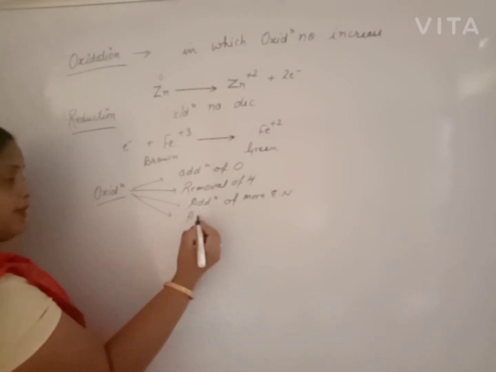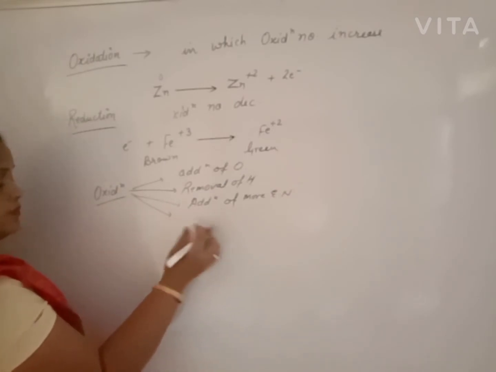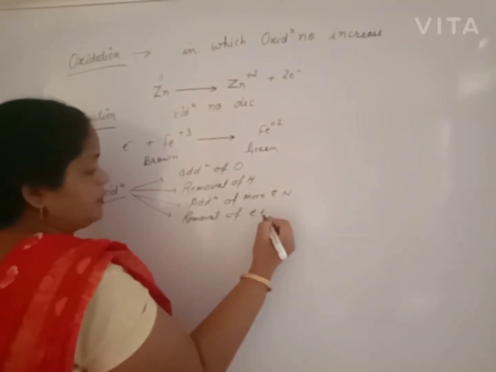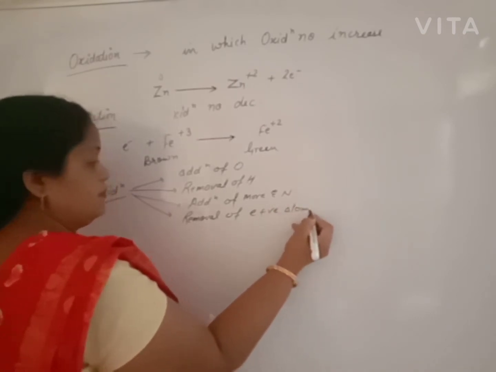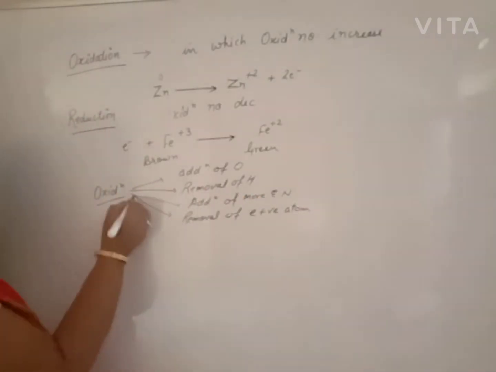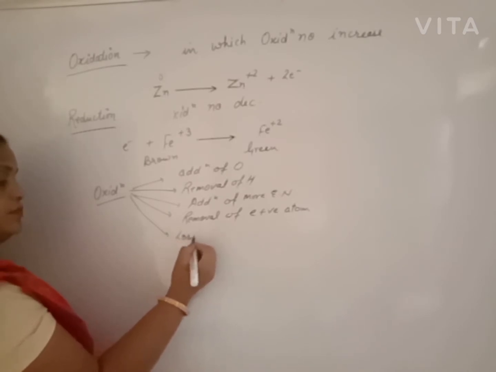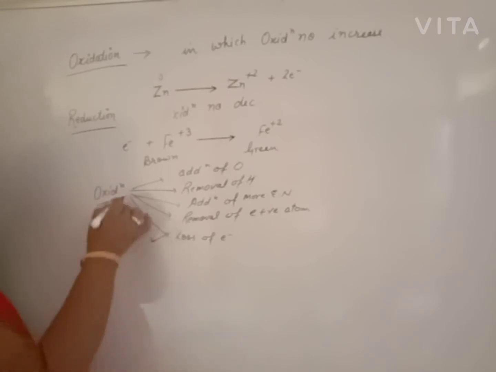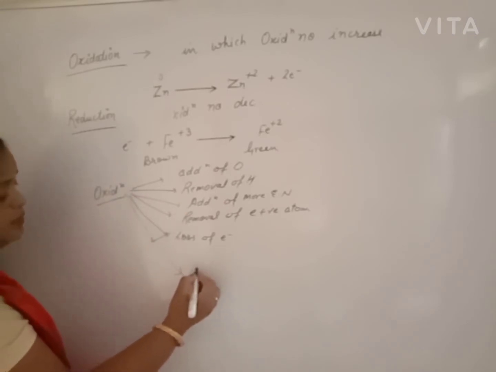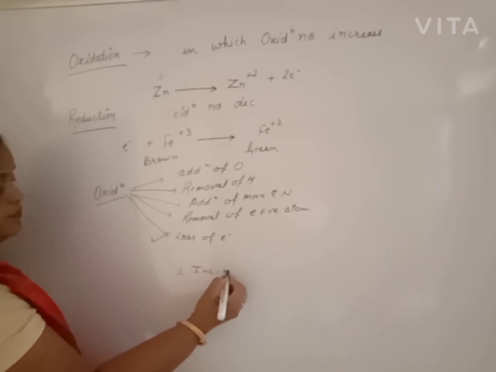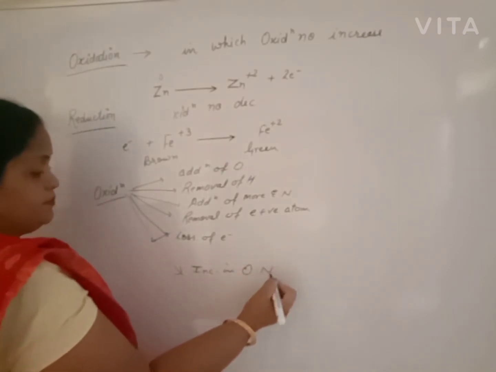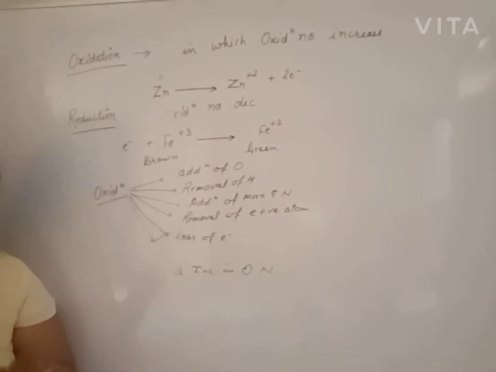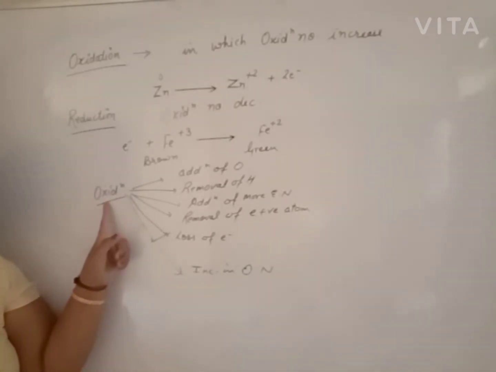Removal of a less electronegative atom, that is, removal of an electropositive atom, oxidation. Loss of electrons, oxidation. This definition is used a number of times. And increase in oxidation number. These 6 definitions are included in your chapter about oxidation.